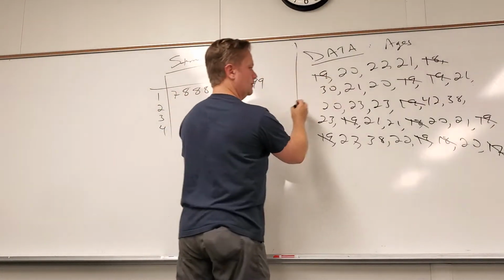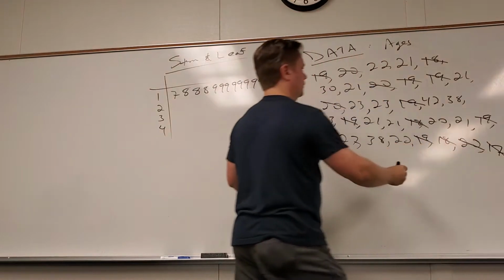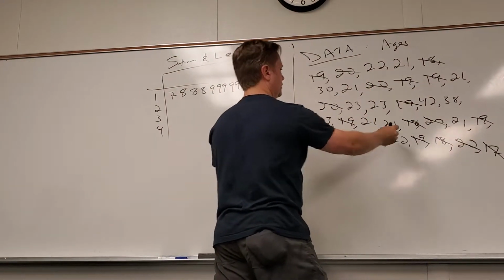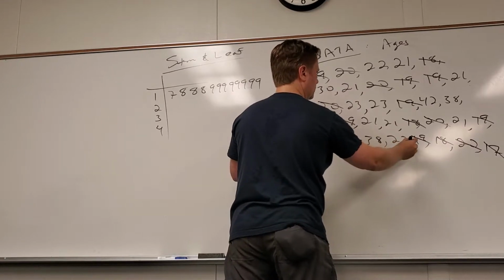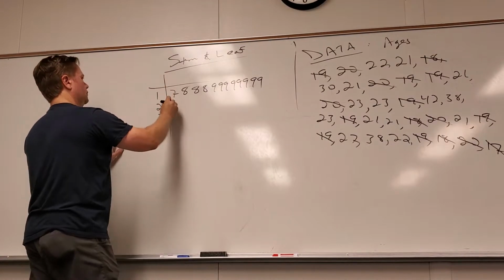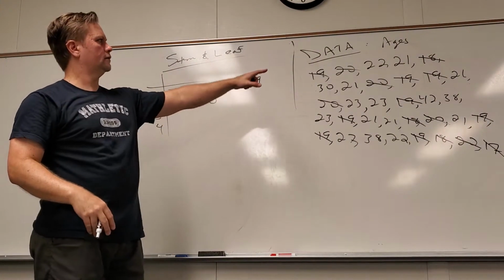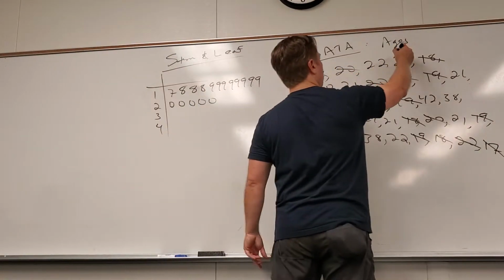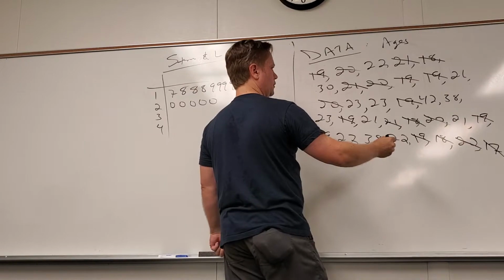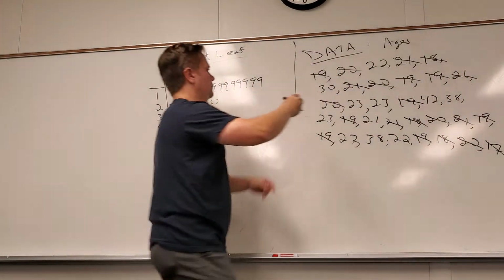20s. Let's see. I got 3 20s, 4 20s, 5 20s, 6 20s. Oh, this is a 22, I think, right? 5 20s. Almost was 4 20s. 5 20s. How many 21s we got? 1, 2, 3, 4, 5. 21s, is that right? 6.